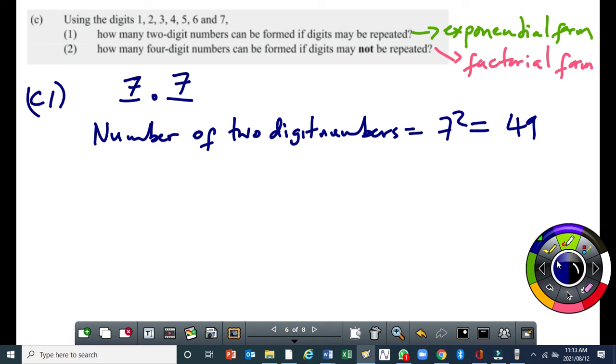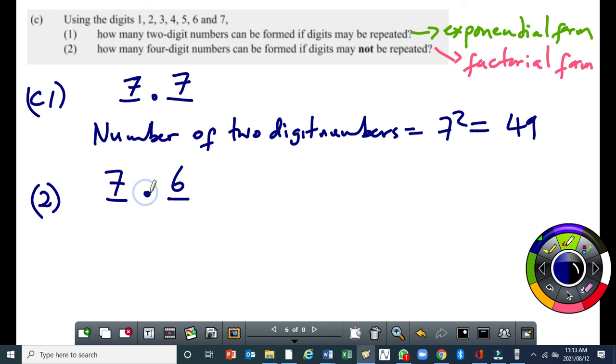So that's straightforward. Then the second one: how many 4-digit numbers can be formed if the digits may not be repeated? If they cannot be repeated, the first position, all 7 can take it. But once you put a digit here, you can't repeat it there, so you'll be left with 6.